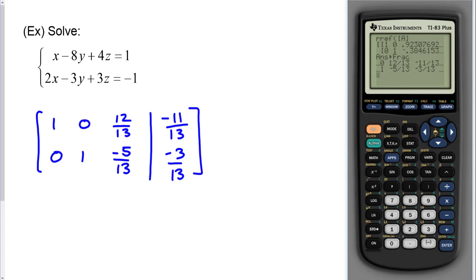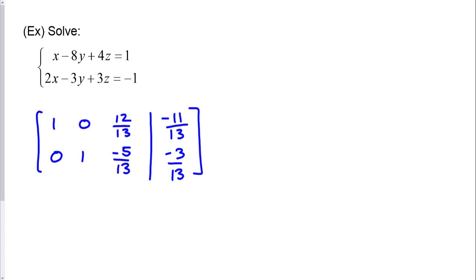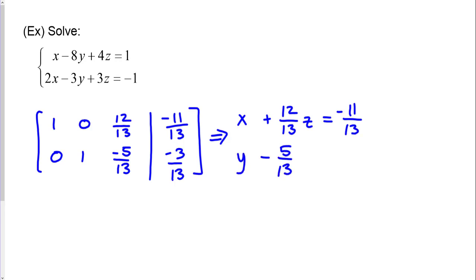But at this point, we no longer need the calculator. We just do what we did in the last example to change this into a parameterized solution. So x plus 12/13 z equals -11/13, and y minus 5/13 z is equal to -3/13.